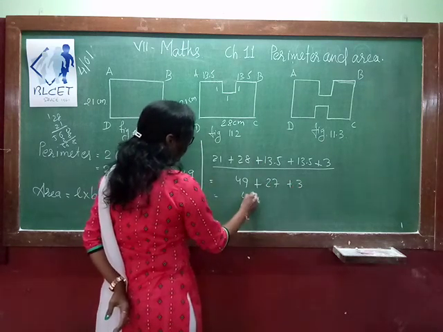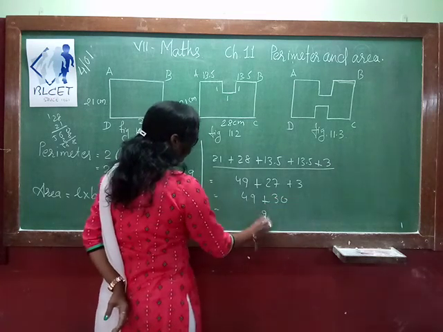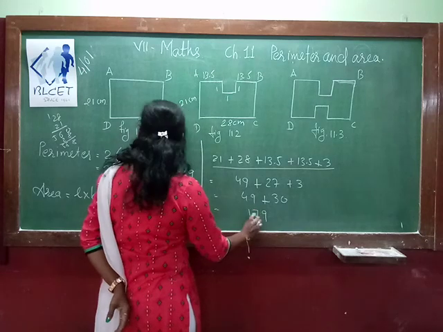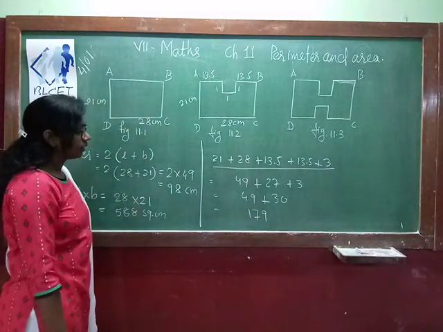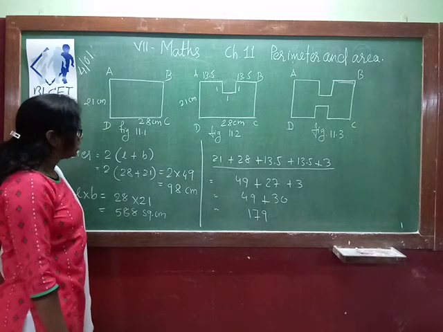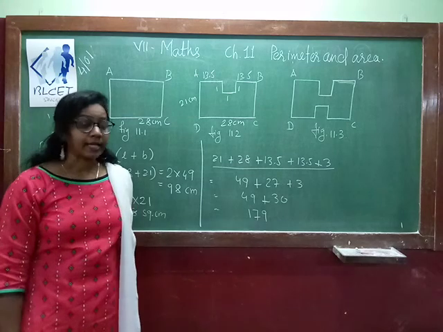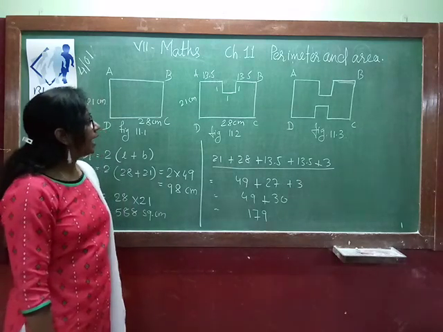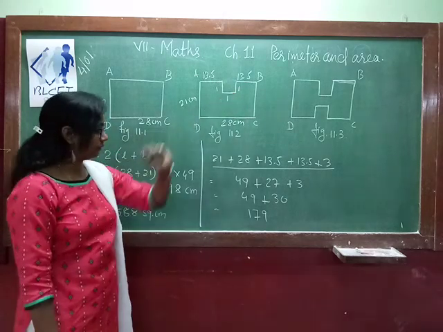So this is 49 plus 30. So what is the answer? 79. Got it? So this way you can say that perimeter will increase as you are just removing the one portion.